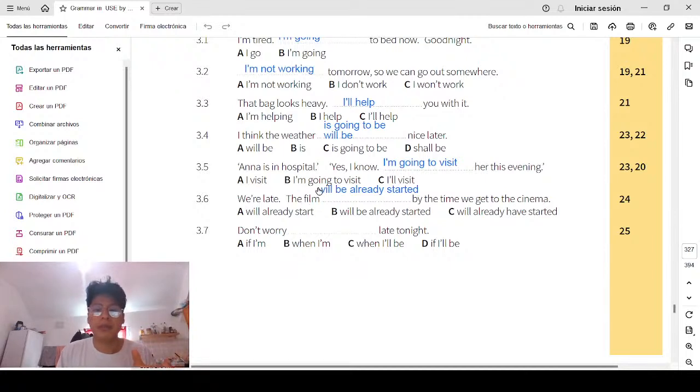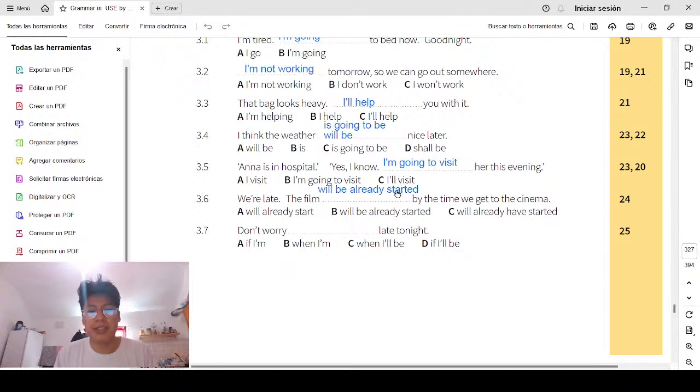In this case, the film is the object. Will be, in this case, just ignore will. I will explain that after. Be is the verb to be, plus a past participle, started, right? We can use more auxiliaries in that case, like already or will. In this case, we're talking about the future, so that's why we use will. Be is still the verb to be, right?